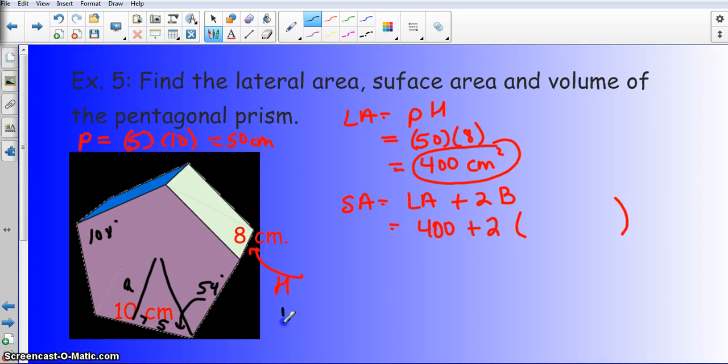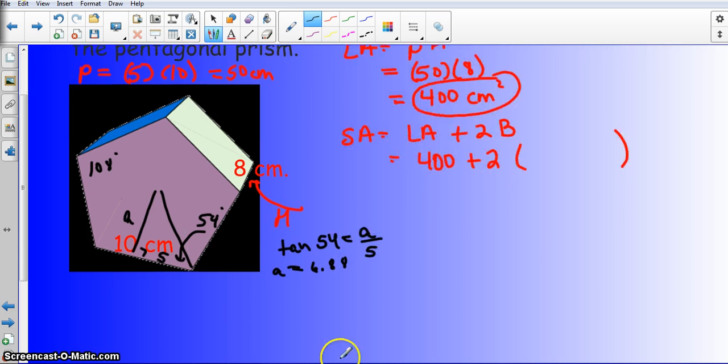So let's go over here. The tangent of 54 is the apothem over 5. Okay, so tangent of 54 times 5. It says that the apothem is about 6.88. And I'm not going to clear my calculator, because I'm going to have to actually go and find the area of this thing.